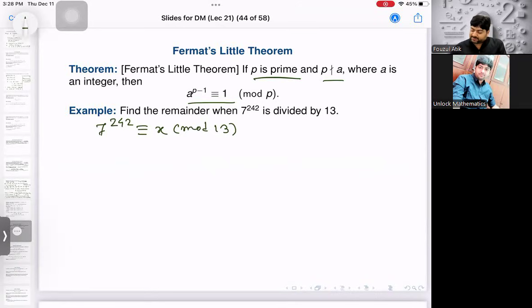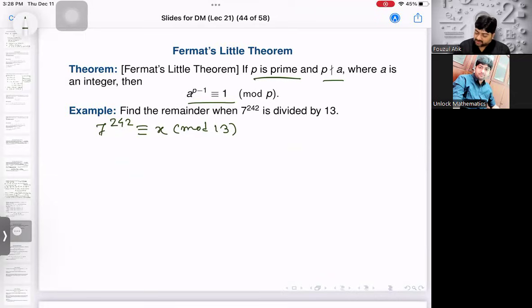We will apply Fermat's theorem. What Fermat's theorem says is that if p is a prime and p does not divide a, where a is an integer, then a to the power p minus 1 is congruent to 1 modulo p. So we have 13 is a prime number which does not divide 7, right?